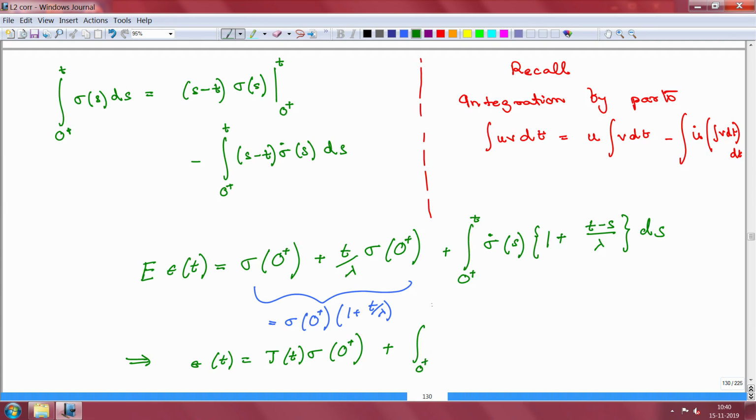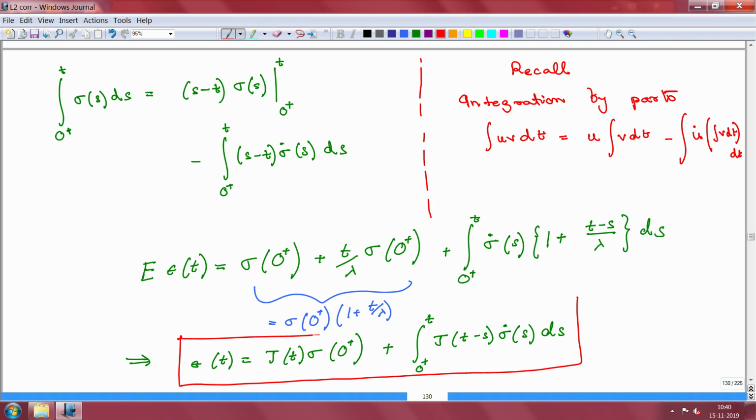The limits of the integration still remain. The creep compliance now takes on the form J(t minus s), then you have sigma dot s ds. Okay. So, this is an important equation.